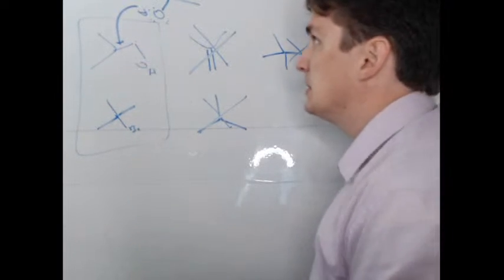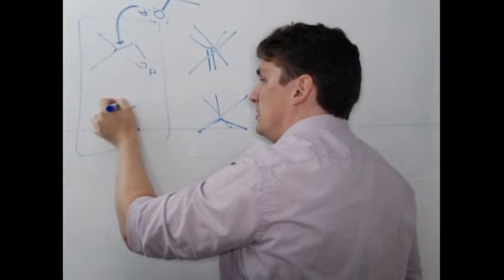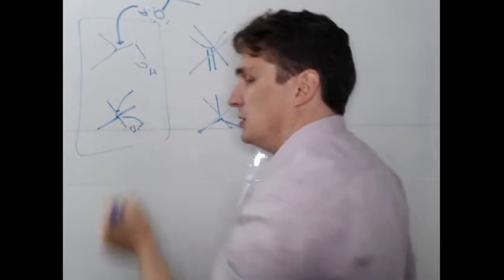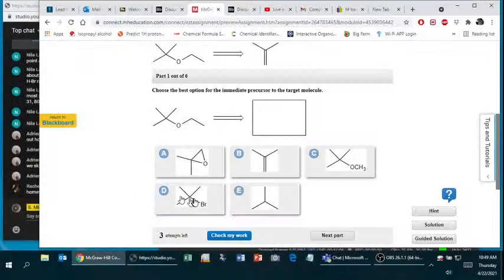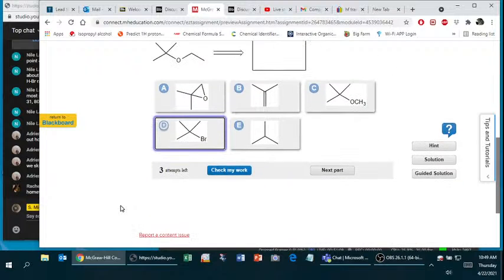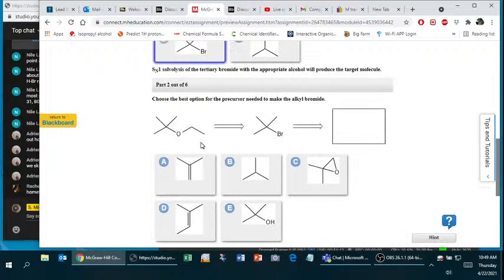So that won't work. But if I do an ethoxide attack on this, in principle, I can displace the bromine. So my gut instinct here is to say that I'm probably going with this compound. Yeah, appears to work.